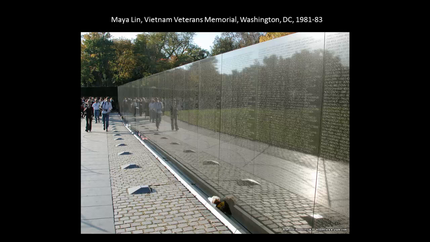And so then your loved one with that last name would sort of disappear among everybody else with the same name. Some of the other reasons it raised controversy was because it was black and because it felt like this cut into the earth. Lynn said that she wanted to make it this gash because she saw the war as this cut in society. And also she chose the black granite because it's so reflective.